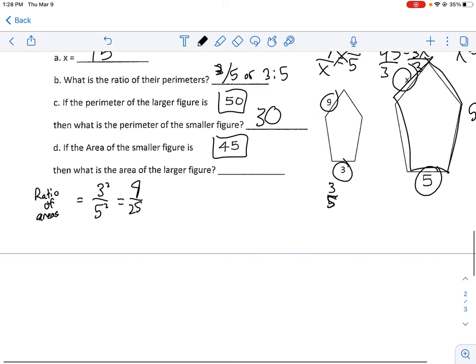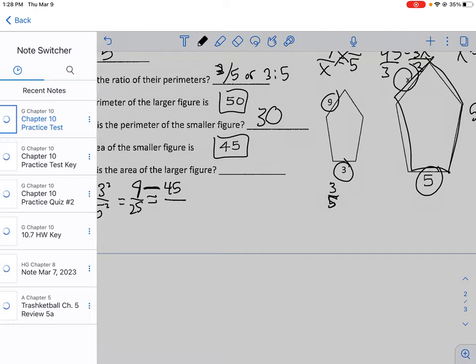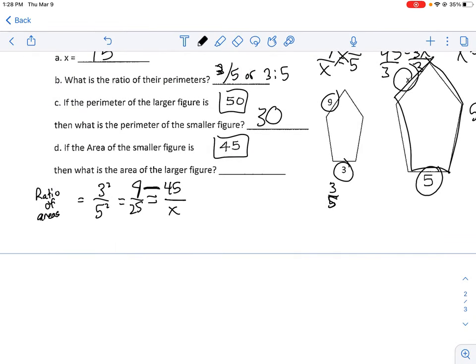And then we can go ahead and say that ratio is equal to the ratio that we know. We're given the smaller figure's area is 45, so I'm going to set that in line with the smaller figure ratio part 3, 45 over x, because we're trying to find the larger figure area. And then we can go ahead and solve this ratio here.